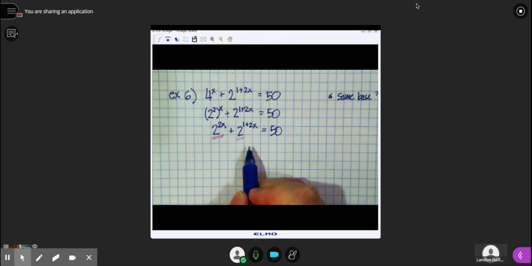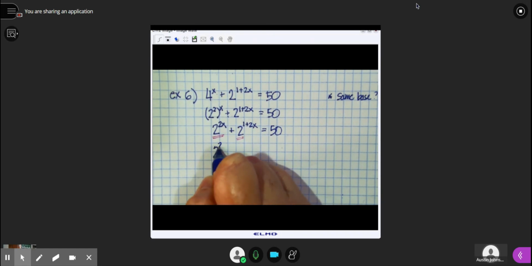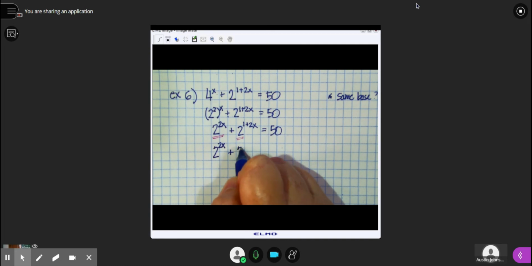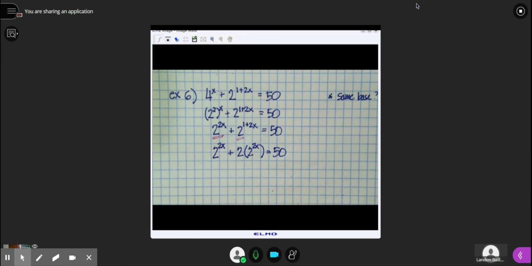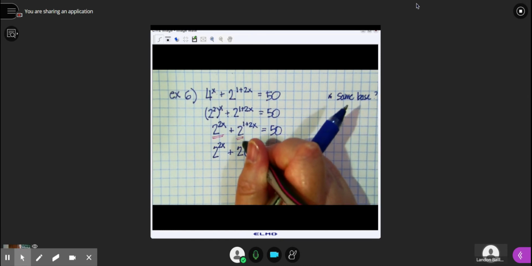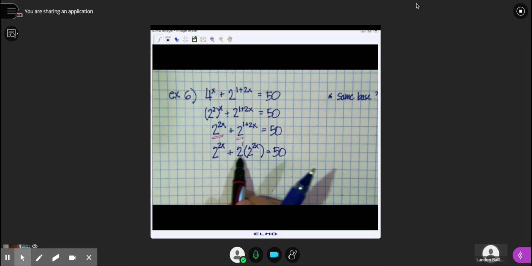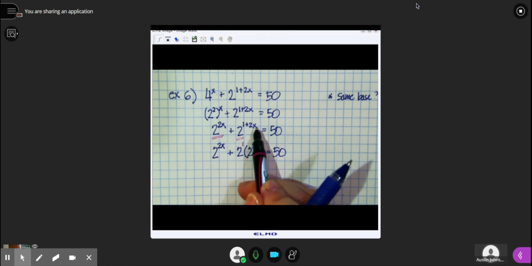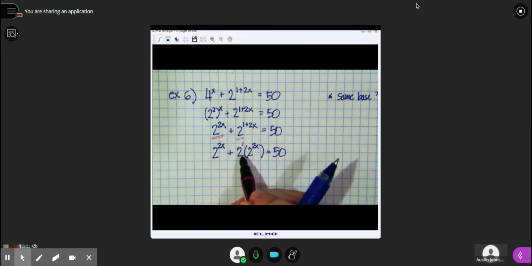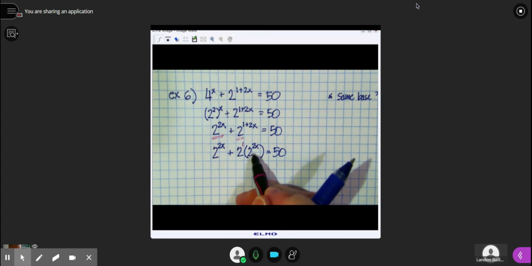I would like to point out that this is 2 to the 2x plus 2 times 2 to the 2x. Because remember, when you multiply the same bases, you can add their exponents. So this exponent of 1 plus 2x really comes from multiplying a 2 to the first by a 2 to the 2x.